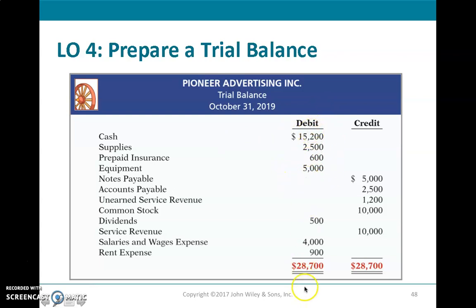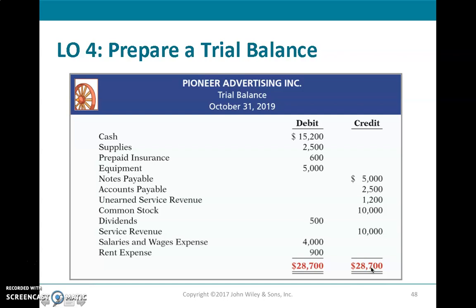And then the last thing we do, we're going to add up all the numbers on the debit column and write down the total. Add up all the numbers on the credit column, and write down the total. The total of the debit column must always equal the total of the credit column.